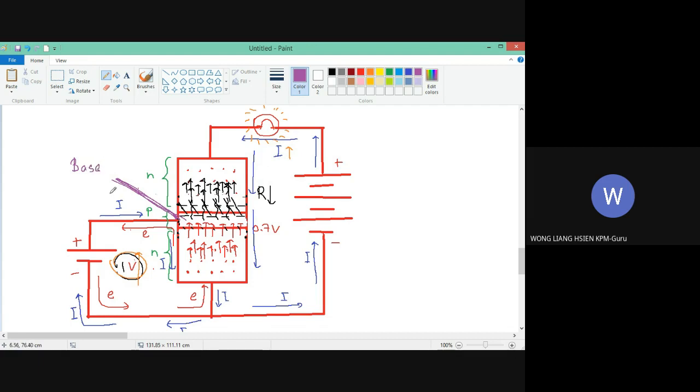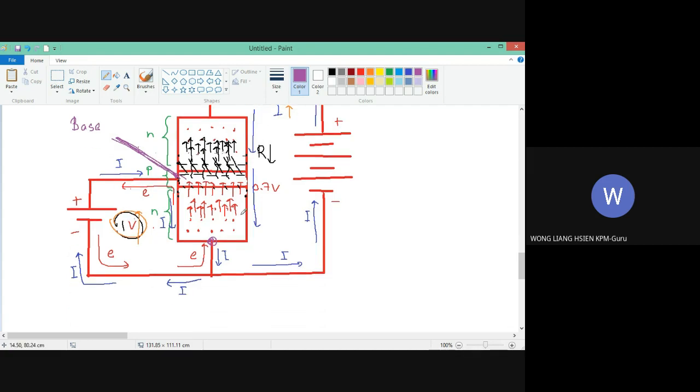And then you see this terminal here. It supplies the charge, because the electrons go inside here. Negative here, positive here. So it supplies the charge carrier.